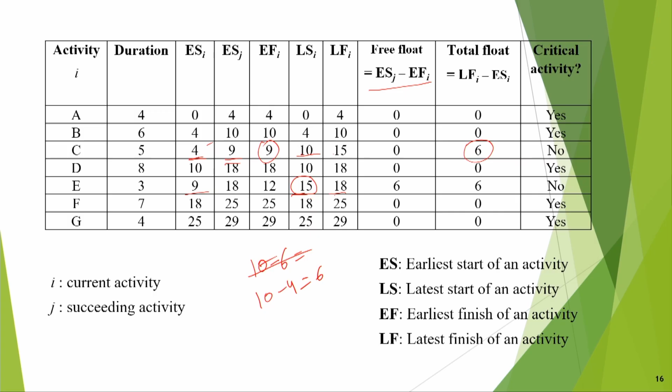That much you have got. Now if you see the free float in this case, ESJ, the start time, is 18, and EFI, the earliest finish time, is 12. So 18 minus 12 is 6. Both are matching, so that means the latest finish time is this one.